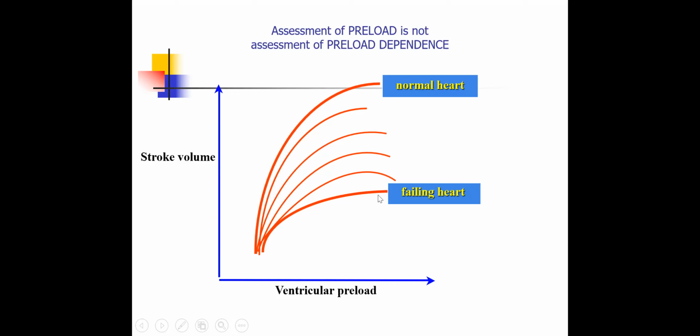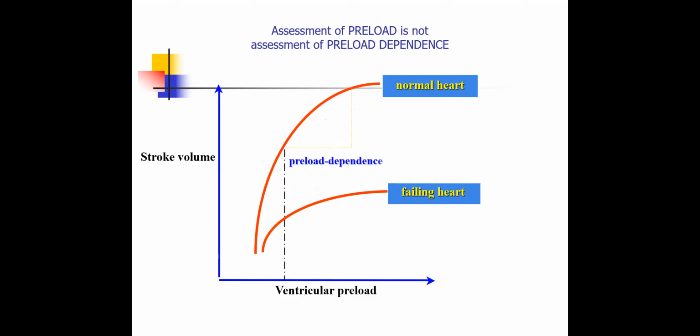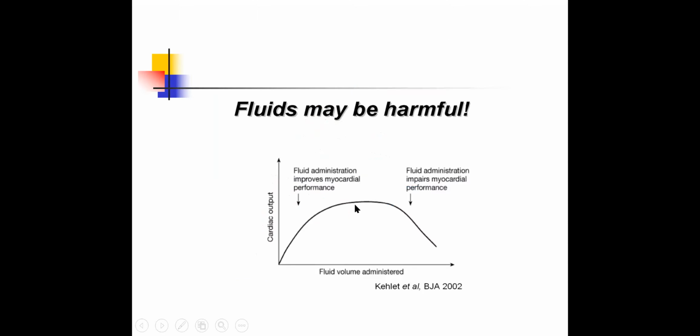This is what we have to understand with regard to fluid responsiveness in response to preload, or rather preload dependency of the heart. These are interchangeable terms. So here we see the preload dependence of the normal heart and the preload independence of the failing heart.